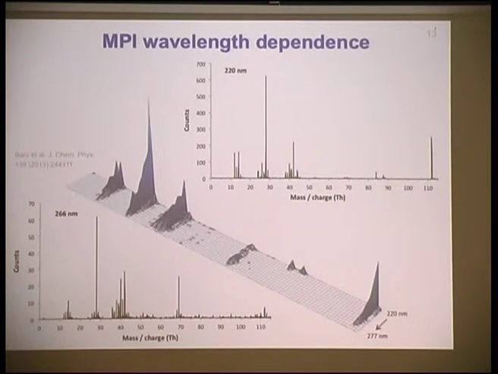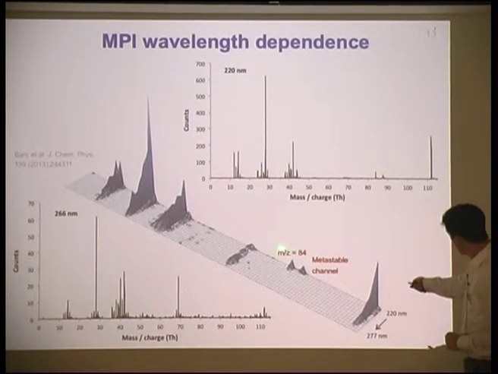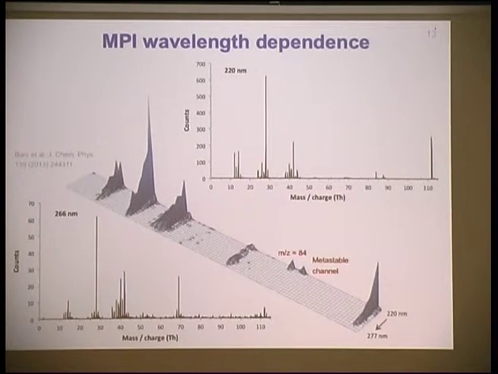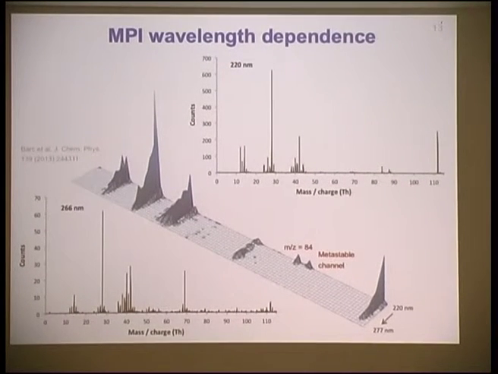The exceptions, well, there are two. One is our new peak at 84 atomic mass units, and then there's also a metastable channel, which I won't talk about here, but we've been looking at in some detail recently. So this has a distinctive energy threshold, whereas all the other fragment ions don't.